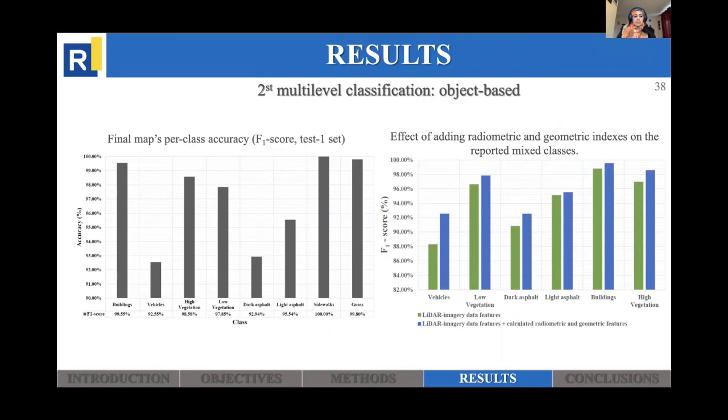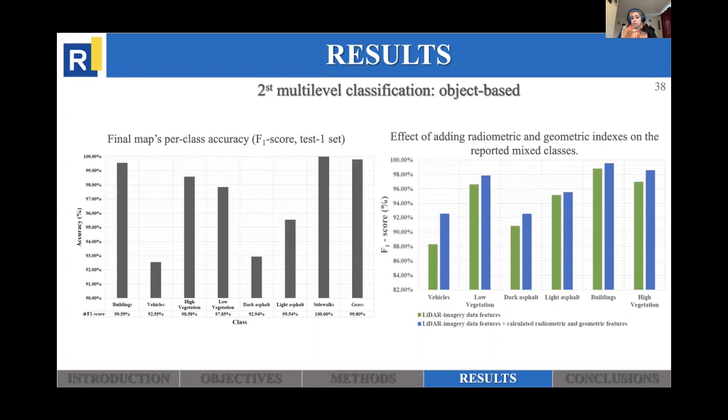All of them are above 90%, and still we can see a relatively low per-class accuracy for vehicles and dark asphalt, in comparison to the rest of the classes. However, the bar chart on the right-hand side explains the difference between the per-class accuracies of the LiDAR imagery before and after adding the calculated radiometric and geometric features.